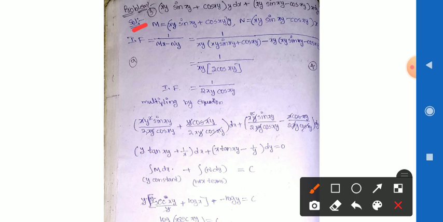This integrating factor is multiplied to the above equation 1.